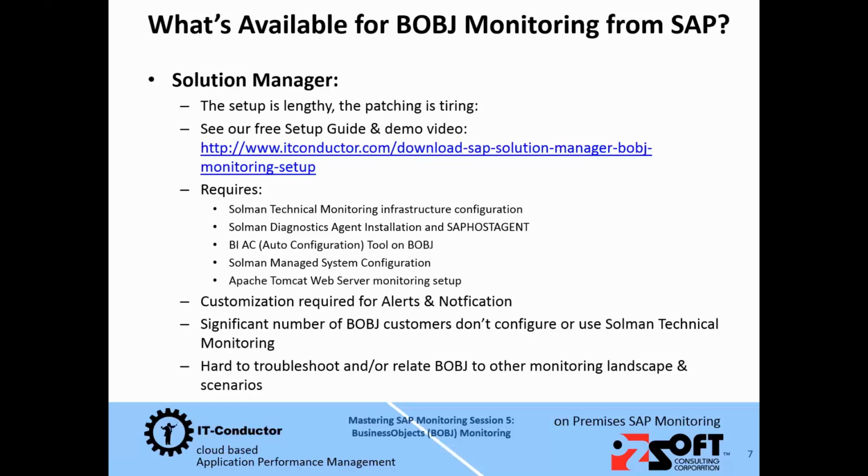With Solution Manager, there is also the issue that you don't have the context along with everything else in your landscape. If BOBJ is hooked up to a BW data source and other data sources and depends on the performance of the backend, let's say a HANA database, you need to be able to put that in context when you have issues troubleshooting performance of particular reports or jobs. So that makes it hard to do.